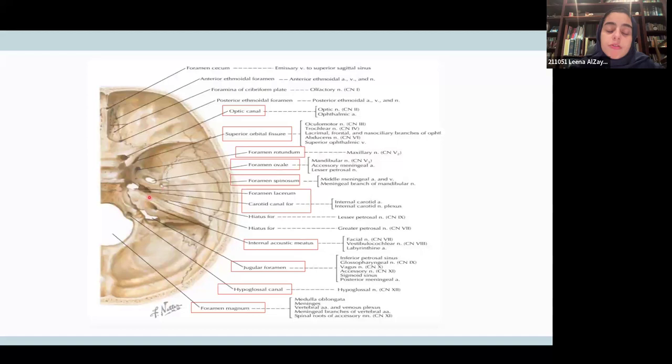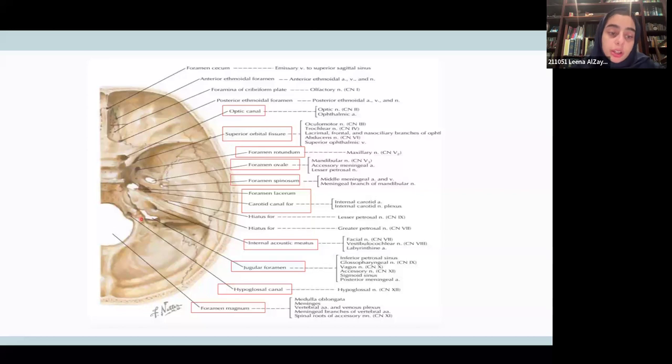And then foramen lacerum, and over here, this I didn't mention. This over here, foramen lacerum and carotid canal is for the internal carotid artery. Then we have the internal acoustic meatus, which is for the what? Things for the hearing, for the vestibulocochlear and facial, because facial also is involved in hearing, if you really want to think about it like that.